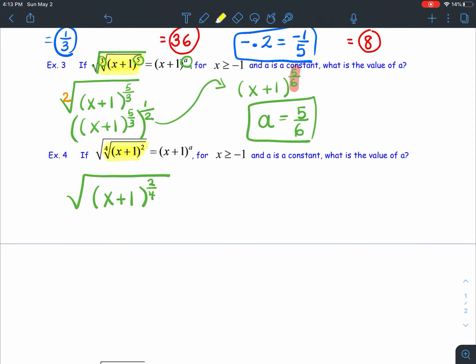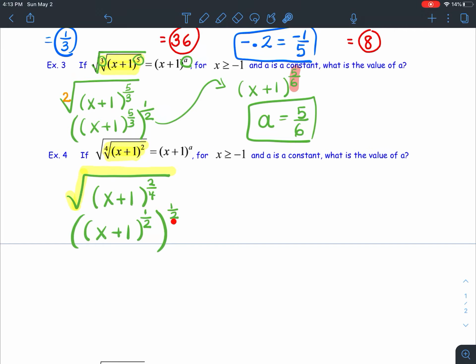Now I want you to look at this radical symbol right here. Remember what we said, anytime you take the square root of something, that's raising it to the 1/2 power. So I already have x plus 1 to the, I'm going to go ahead and reduce that to 1/2. I'm now going to put that in another set of parentheses and raise it to the 1/2 power because of this square root symbol.